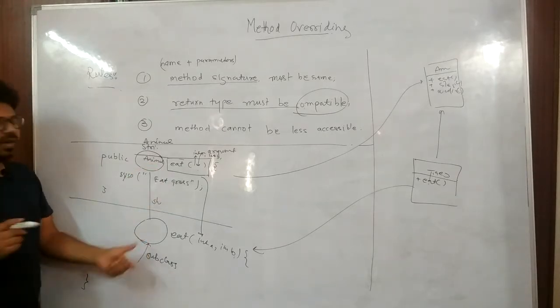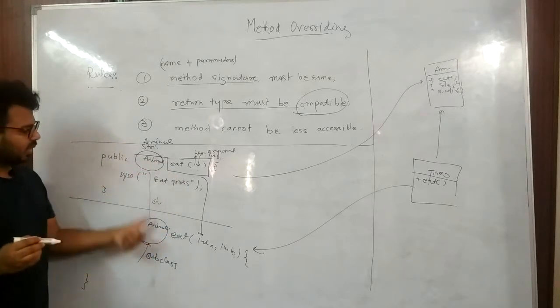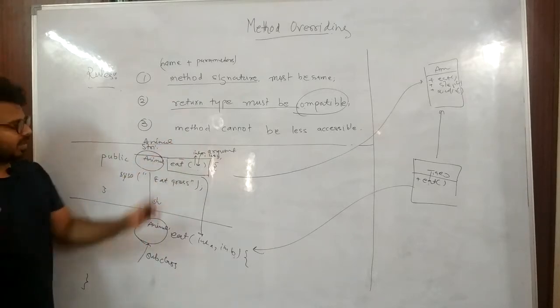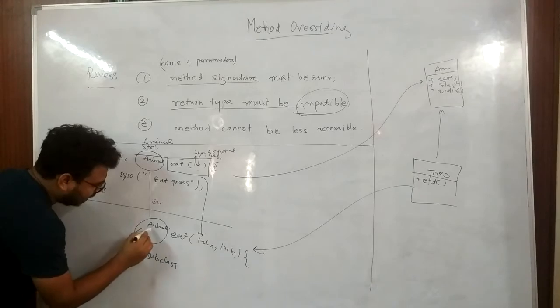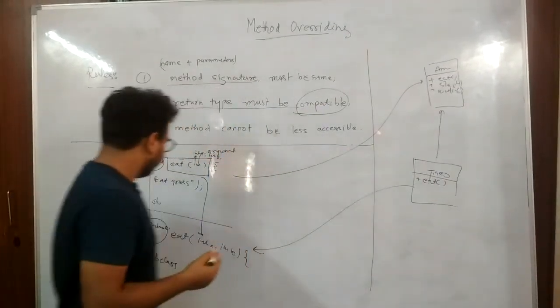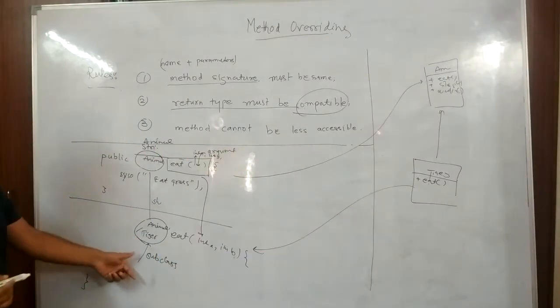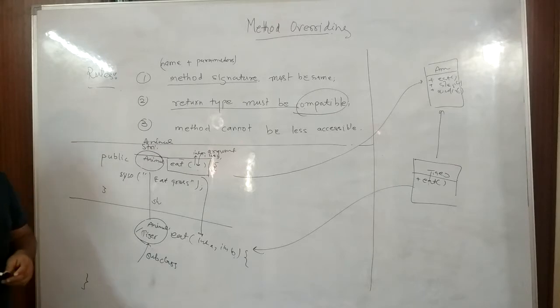Then either we write animal as it is, which is okay and compatible, or we can write any subclass of animal. Here we have tiger, so we can replace animal with it, or with any subclass.